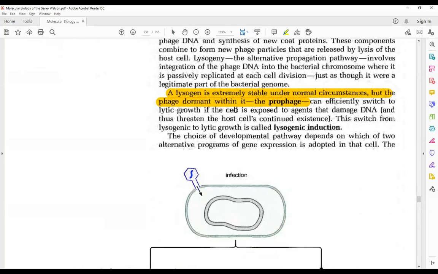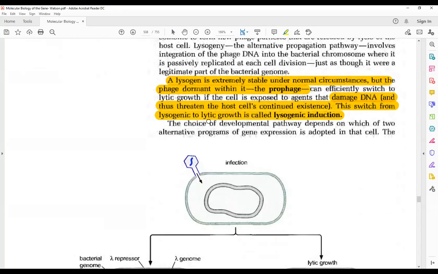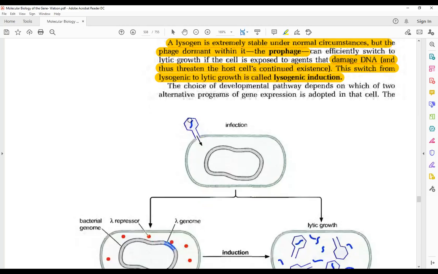In case the DNA of the cell is threatened with UV radiation, in case the DNA has been damaged, thus threatening the host cell's continued existence, the switch from lysogenic to lytic growth takes place, and this is referred to as lysogenic induction.